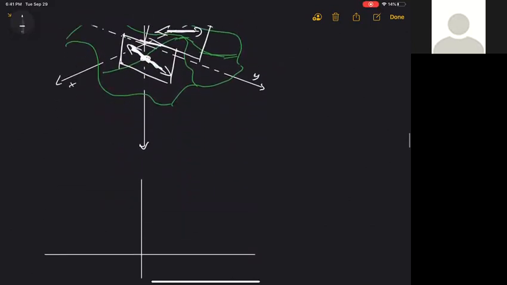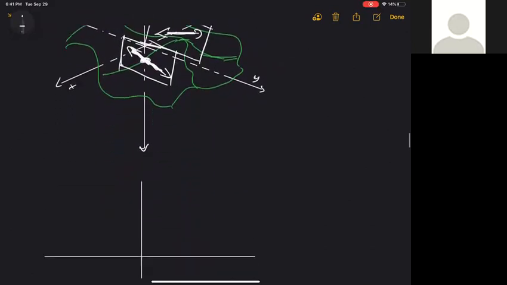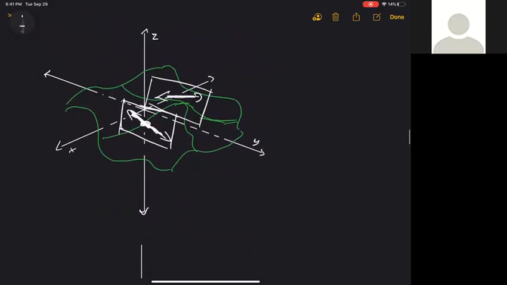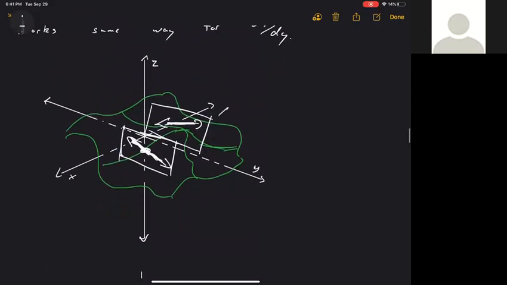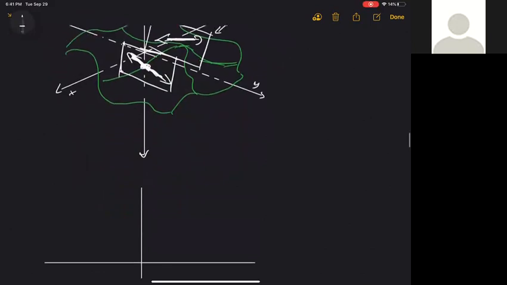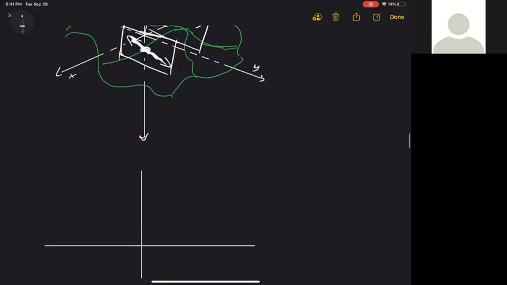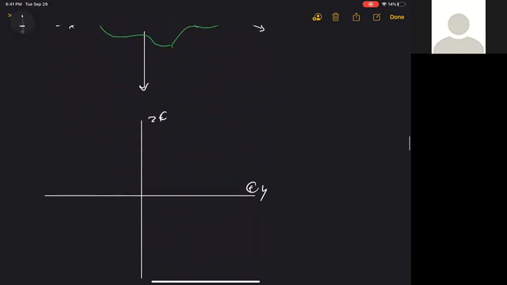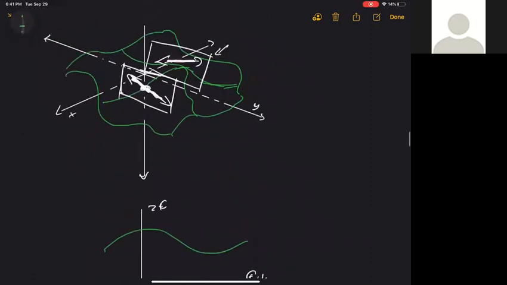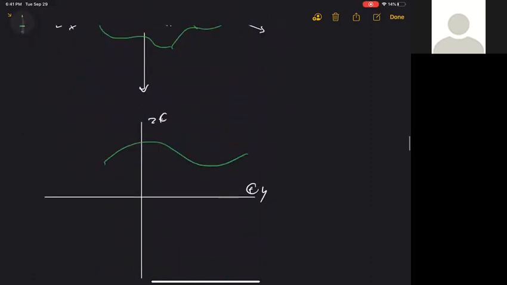And again, let's say I take this plane and lay it flat on my page. I would have the y positive direction, z positive, and then my slice of the curve would look something like that. I'm just guesstimating. Once I'm confined to this slice, I can calculate the derivative normally.